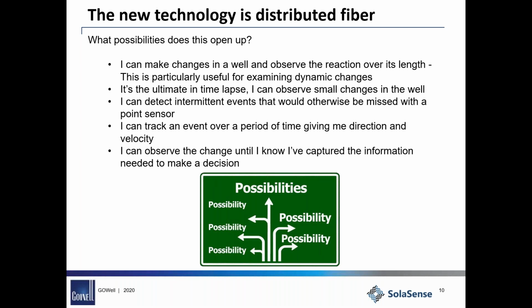That could be a combination of bleeding off tubing or annuli pressures, or injecting into the annulus, or any combination of those to try and get some dynamics going within the well and pick those up on temperature and acoustics. And that, to me, is the key application for a distributed measurement.